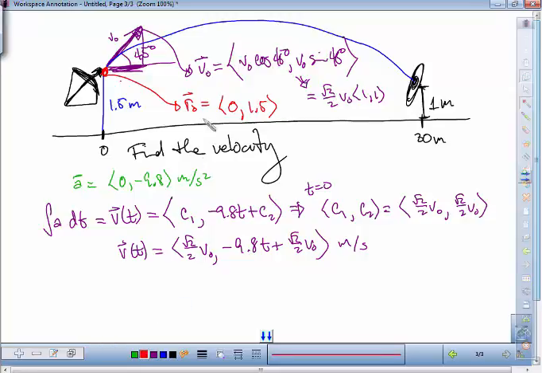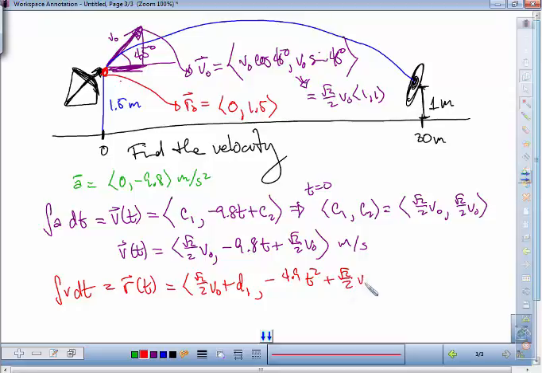All right, let's take it to the position by integrating the velocity. Root 2 over 2 v naught plus a constant for the i direction. The integral of this is negative 4.9 t squared plus root 2 over 2 v naught t plus something else.